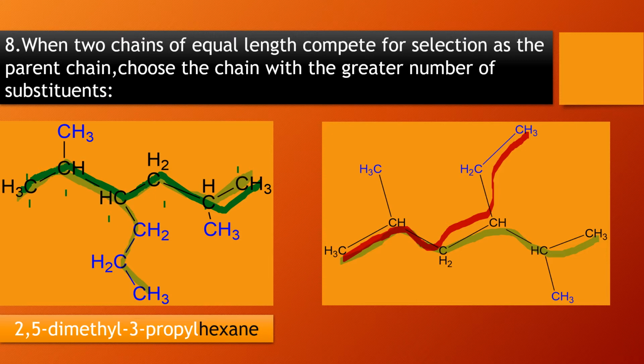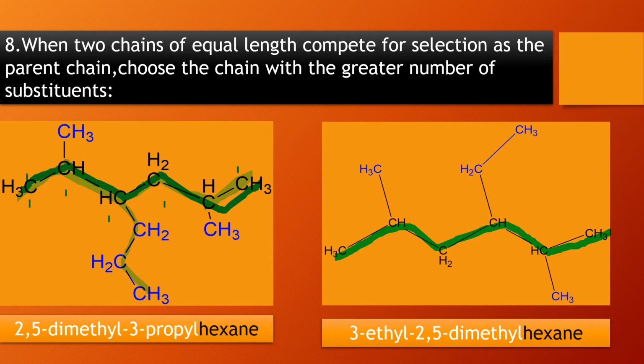We will select this one, because there are more substituents in this chain. So the name would be 3-ethyl 2,5-dimethyl hexane.